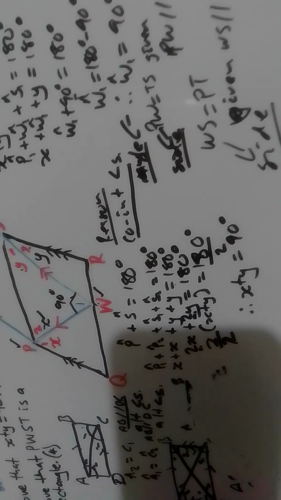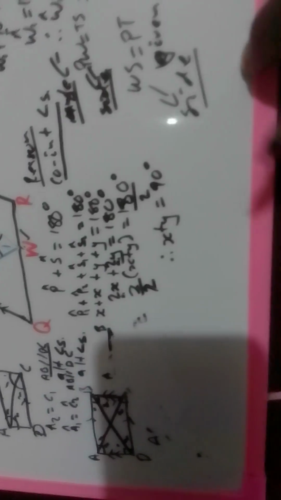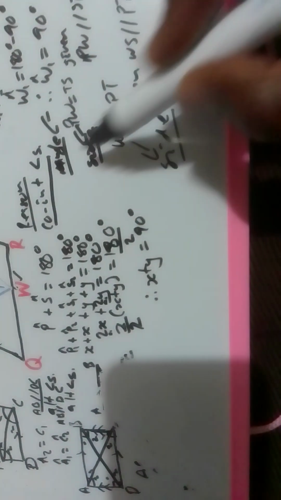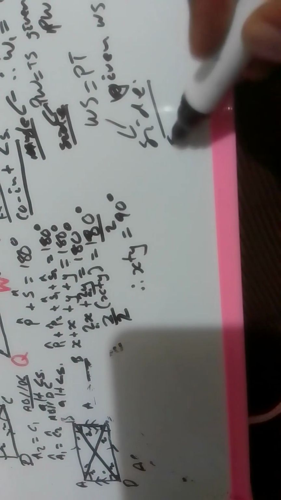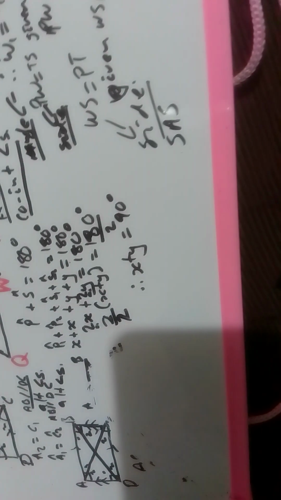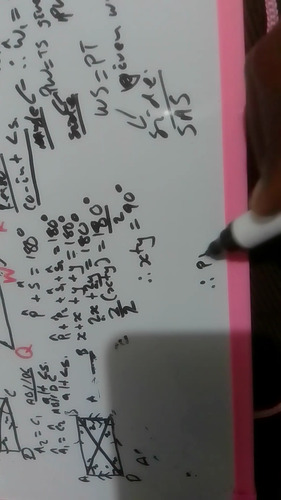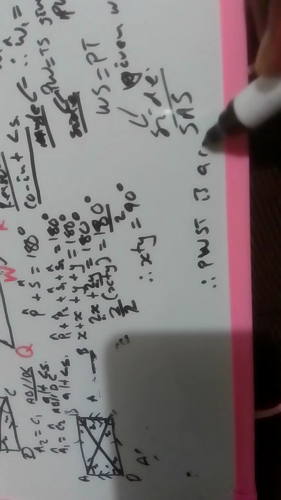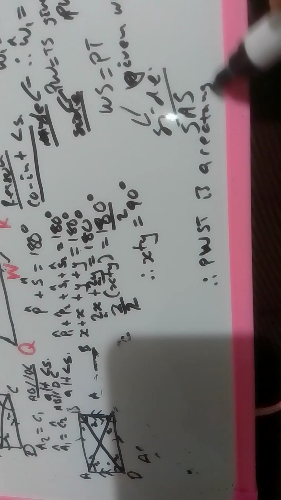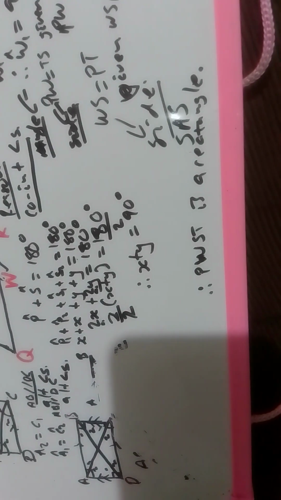I just need 3 reasons. So I'm now going to conclude that I have got side, angle, side. So I say side, angle, side, and therefore PWST is a rectangle, because I managed to prove the properties which are found on a rectangle.